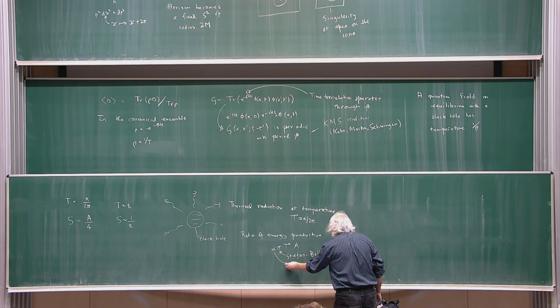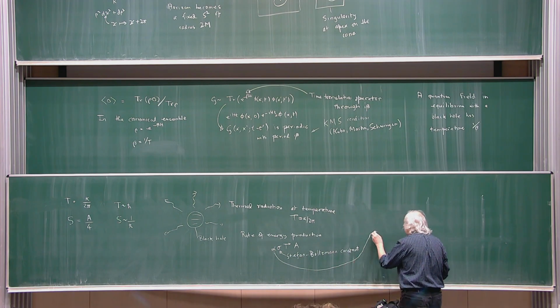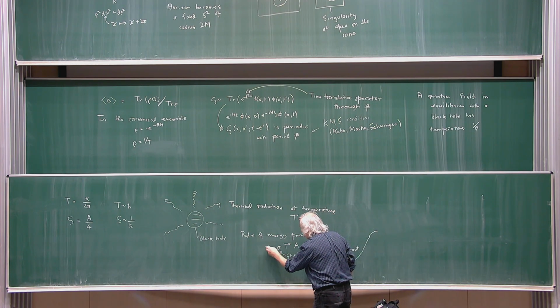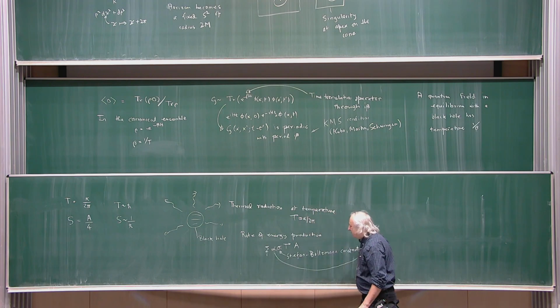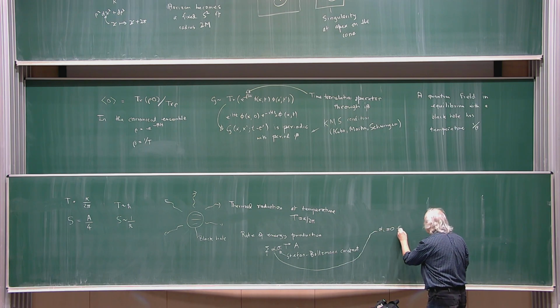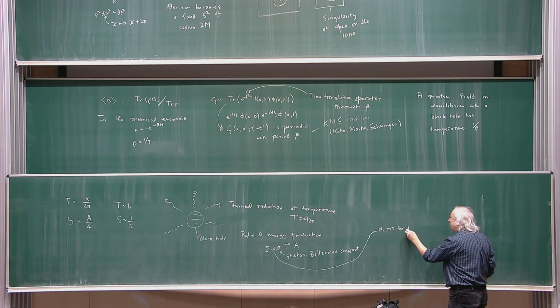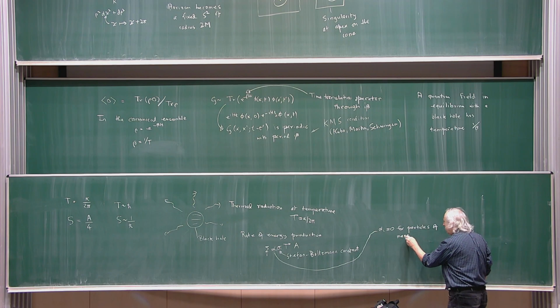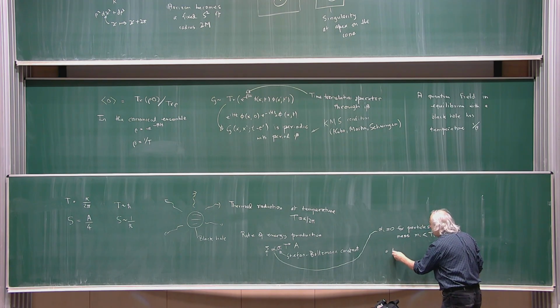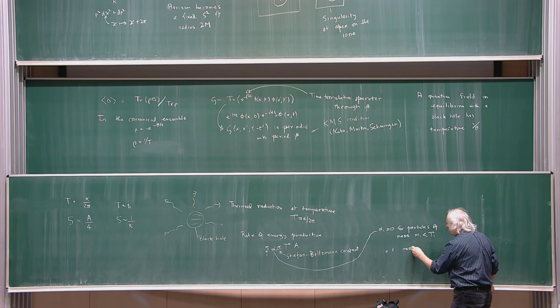Roughly speaking, you sum over all of these things, and effectively alpha i is 0 for particles of mass m_i less than T_i, and 1 if the mass is greater than T_i.